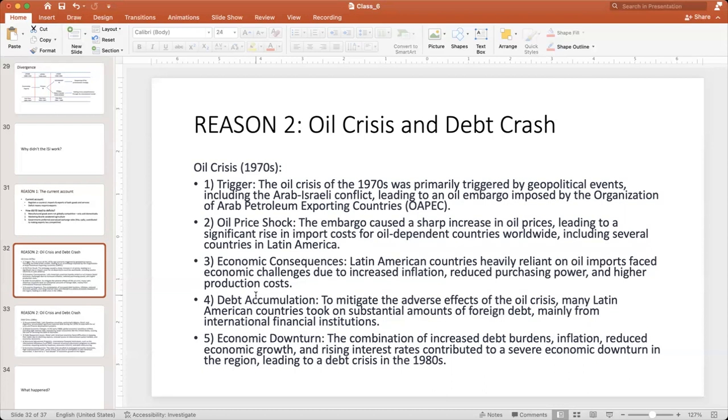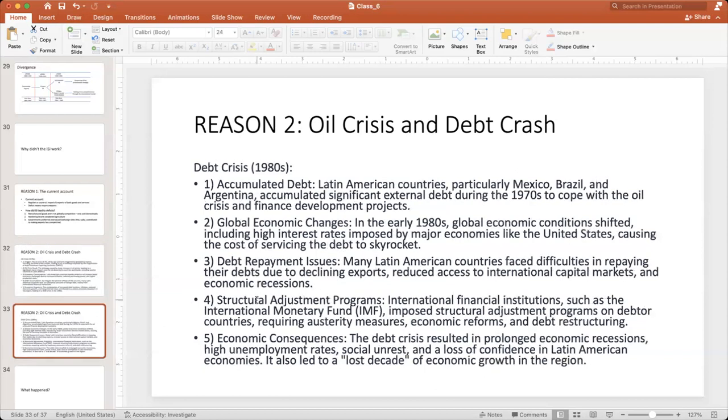And because of that, there was a huge accumulation of debt, and the combination of increased debt burdens, inflation, and the reduction of economic growth shocked the region, and every single country in Latin America in the 1980s went into a recession. So this is the debt crisis.